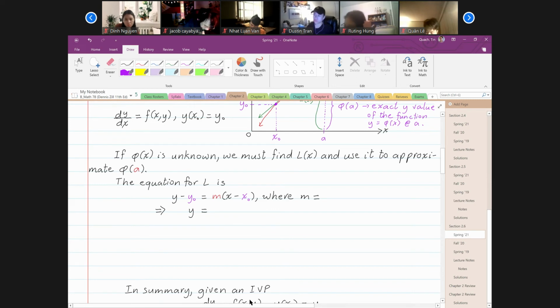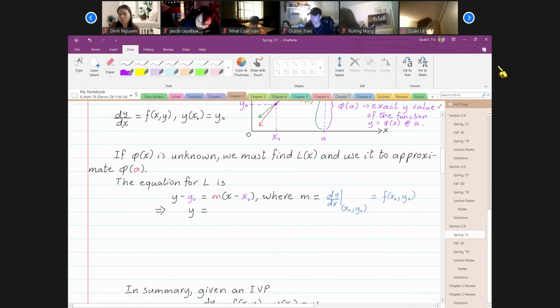The slope is actually equal to the derivative of the function, because this is what you learned from calculus 1, at the point x naught, y naught. All right, but what is the derivative in this case? The derivative is the function f here. That means everything on the right hand side, replacing x and y with x naught, y naught. Okay, so that is f of x naught, y naught.